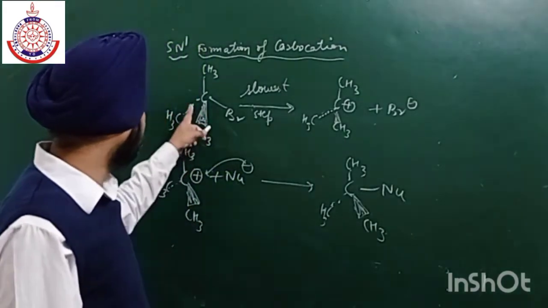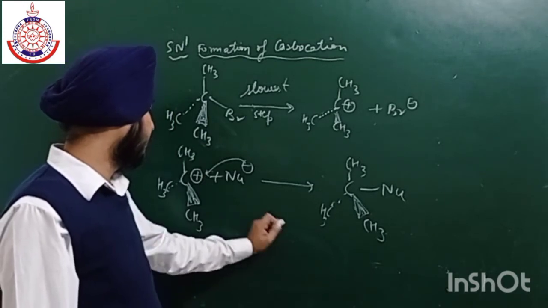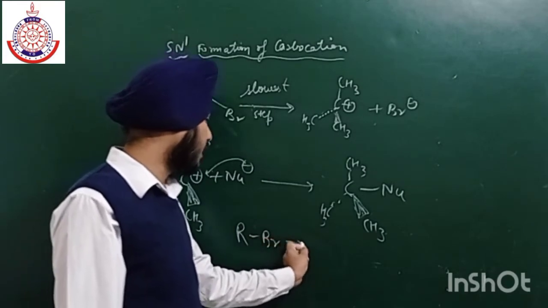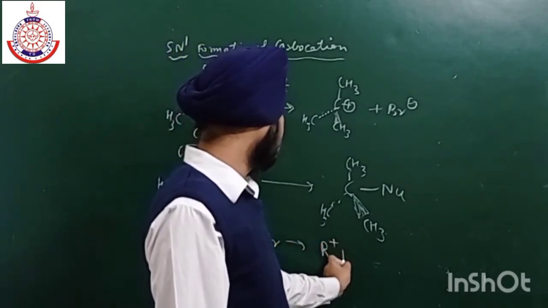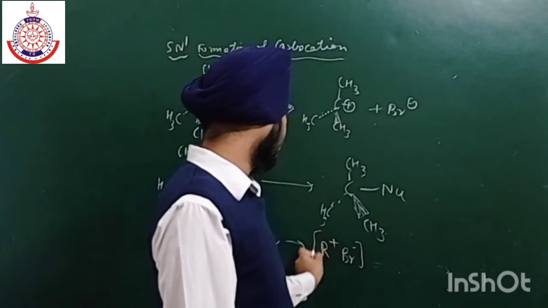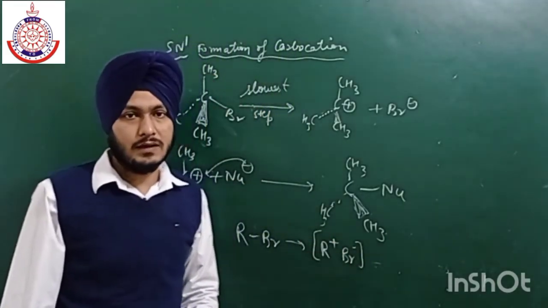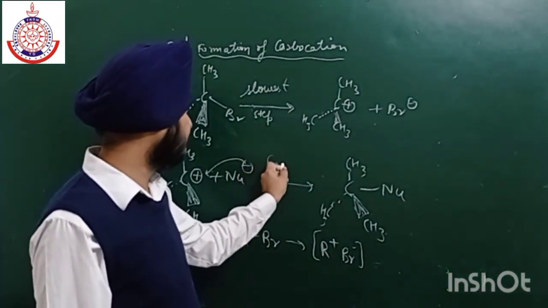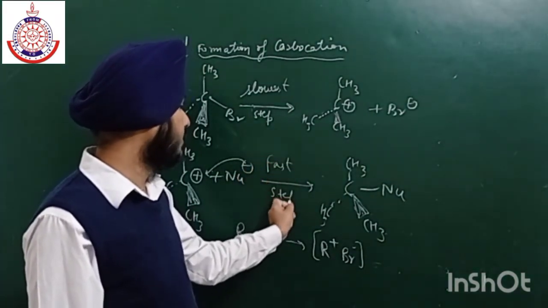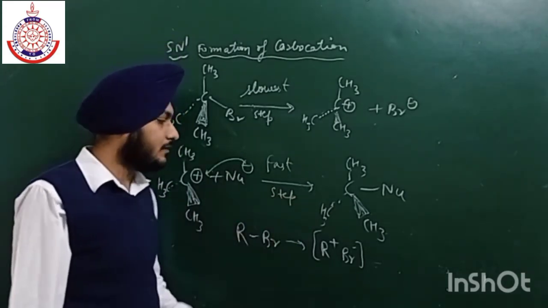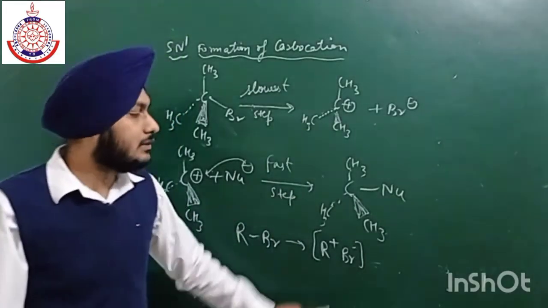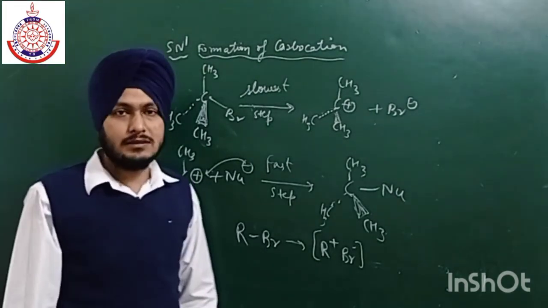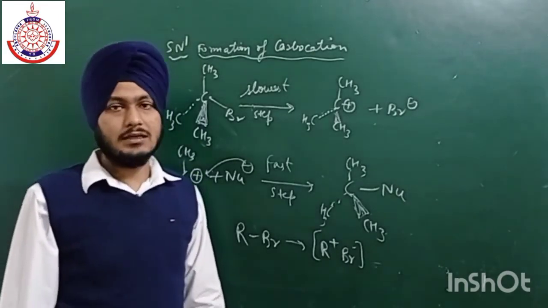For example, I am taking this group as R and Br. So the first step is ion pair formation. And if the attack of nucleophile is very fast, if this second step is very fast, then the nucleophile will attack on this ion pair, leading to the formation of some inversion, because the nucleophile wants no steric repulsion.